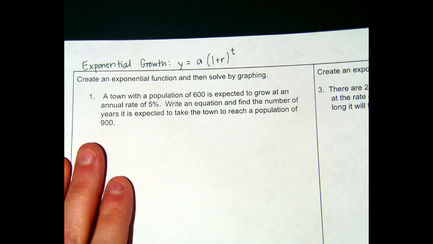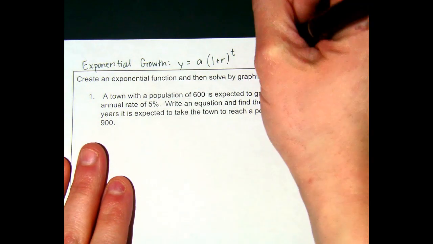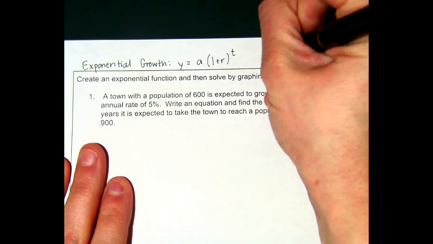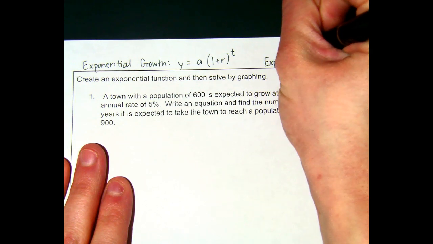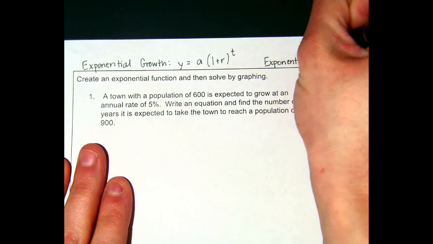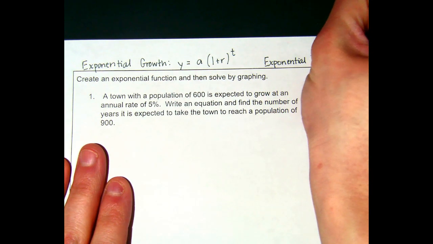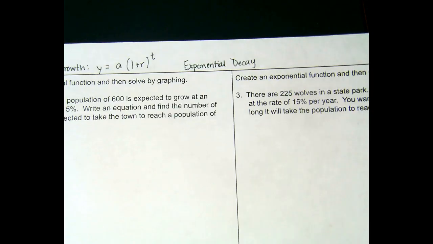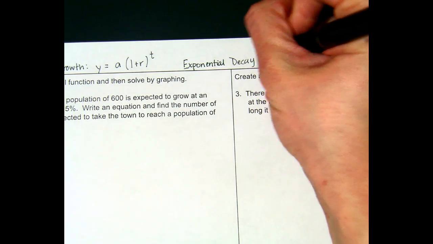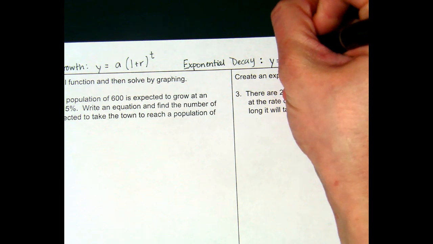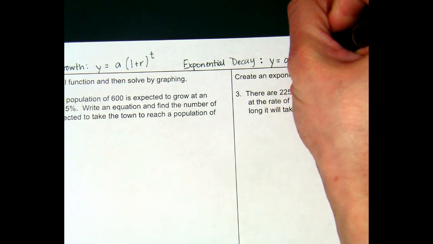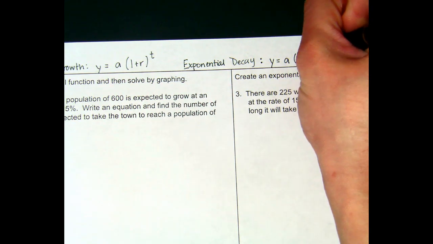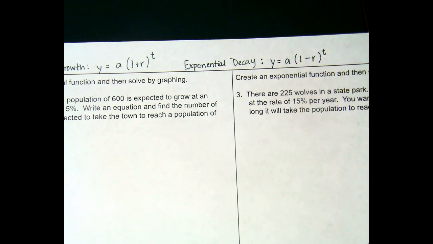You also have an exponential decay formula. And that formula is almost the same, except it's y equals a times 1 minus r to the t, as it is decay.